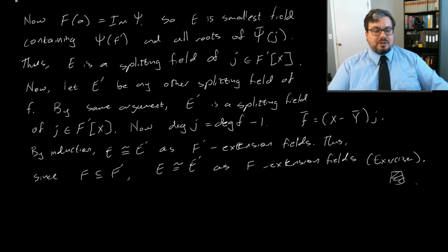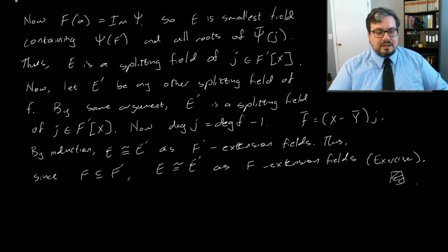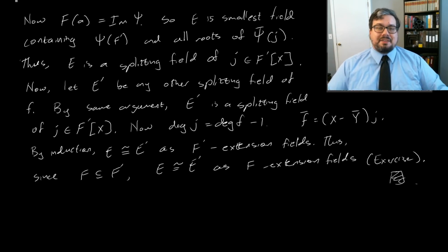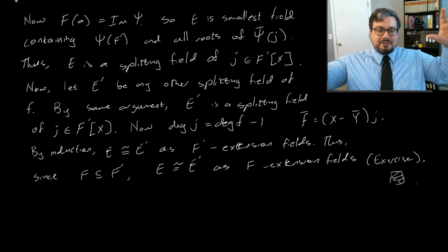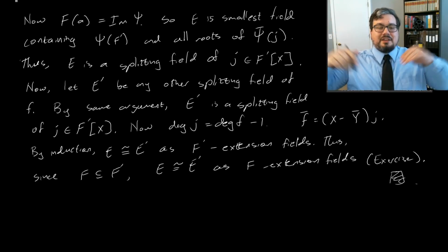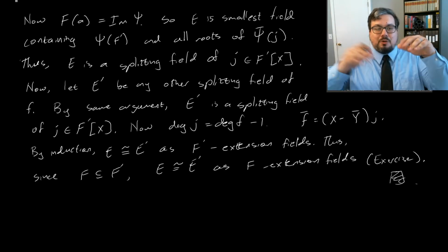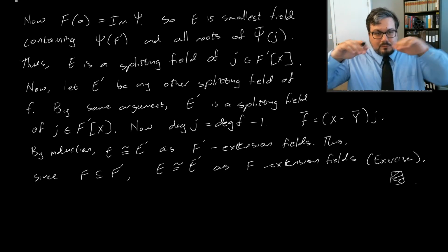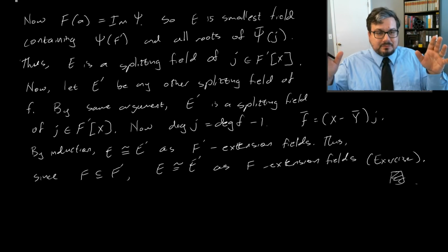Okay, so we were able to show that splitting fields are unique up to isomorphism by induction, saying that if you are the splitting field of a polynomial, well, then you're a splitting field over a factor of that polynomial over a slightly larger field.